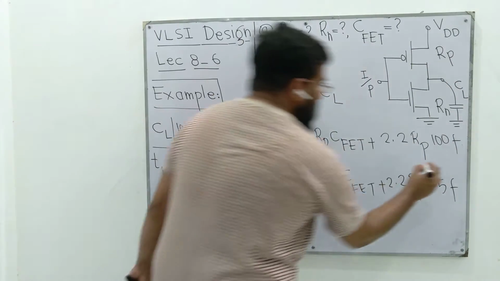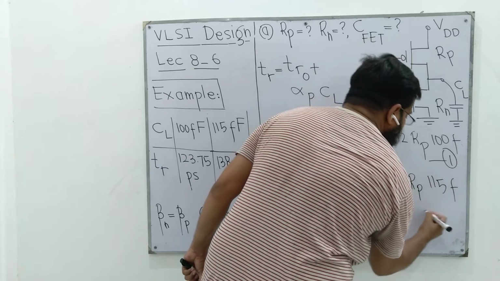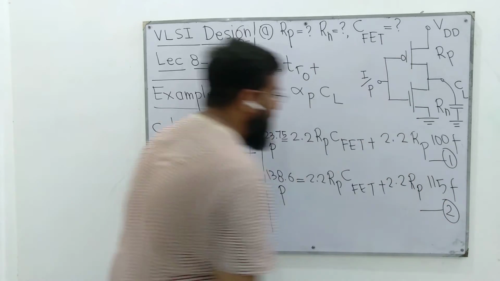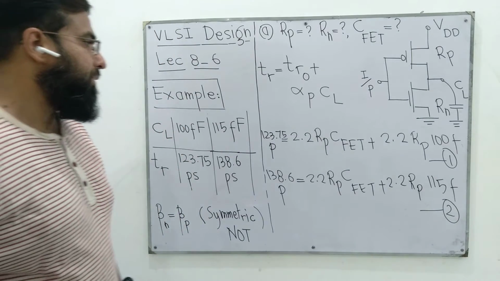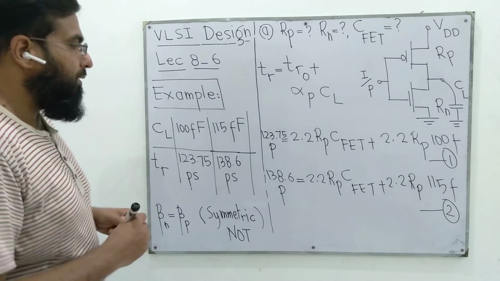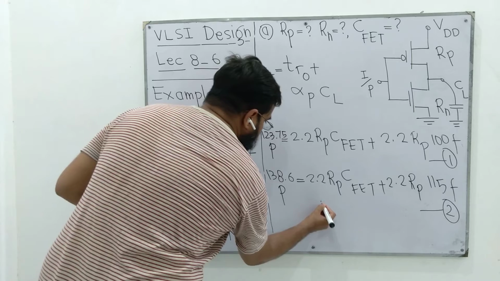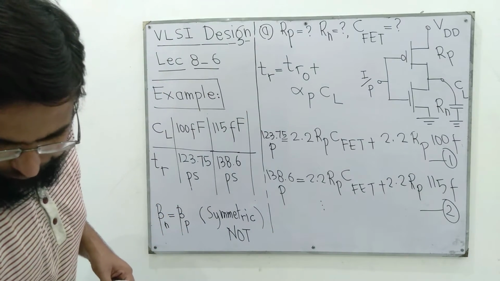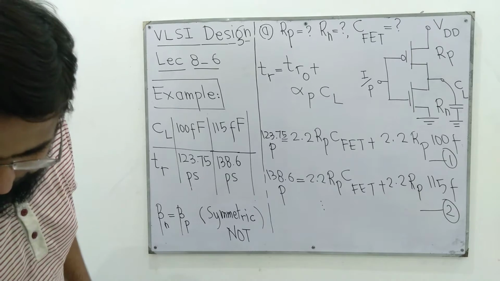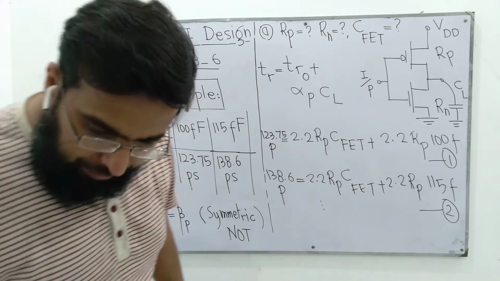Now, luckily we have two equations, 1 and 2, and two variables Rp and CFET. We can solve them linearly to find the value of Rp and CFET. In my notes I have left it for the students.